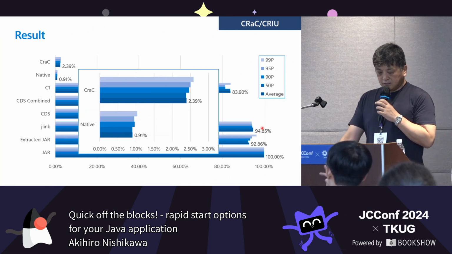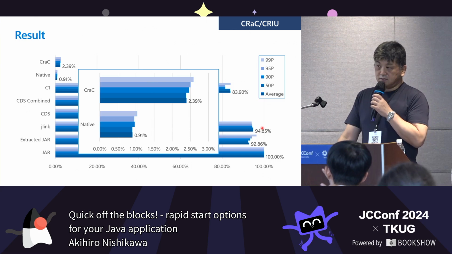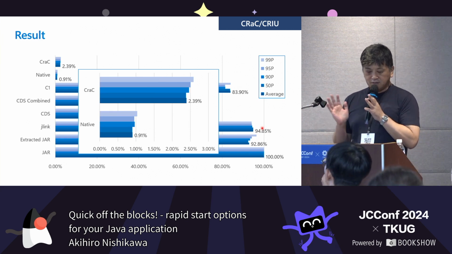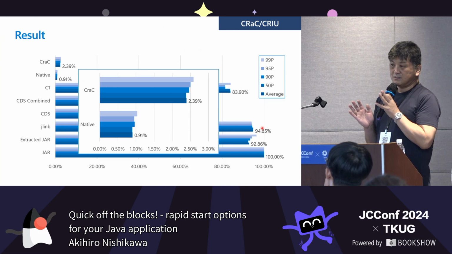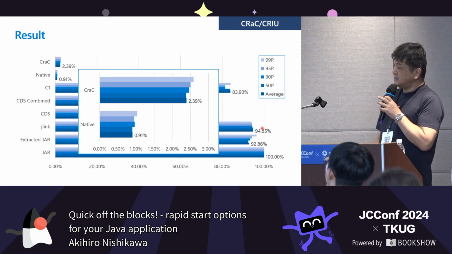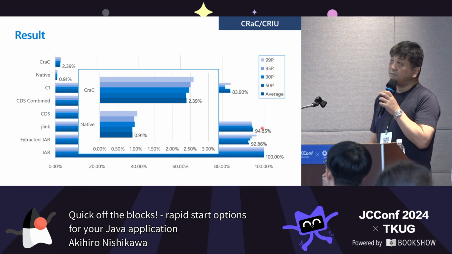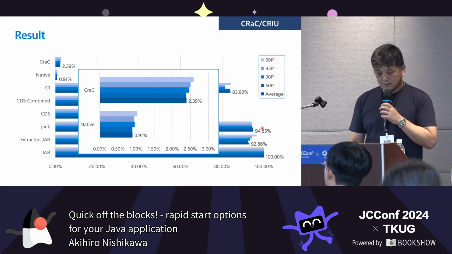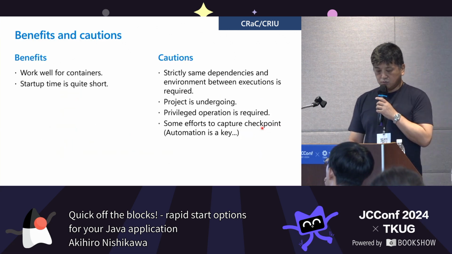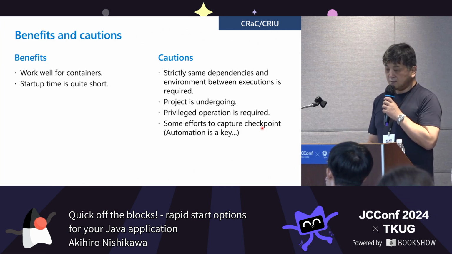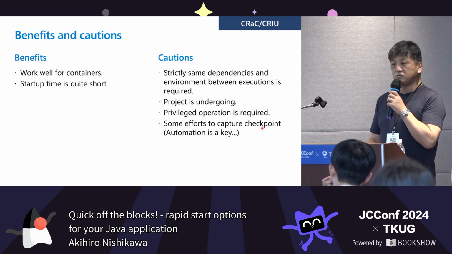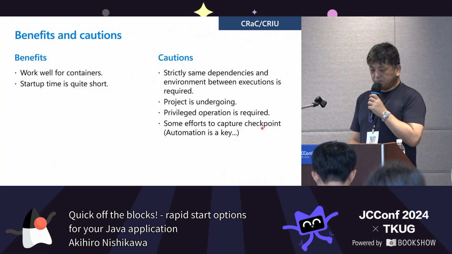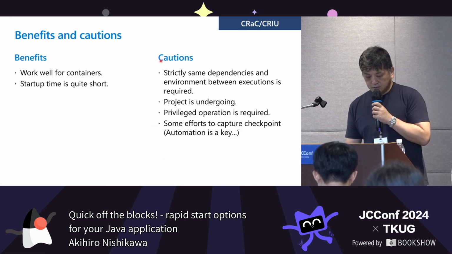So CRaC is two times slower, but compared to the baseline of jar files, it is quite faster, 50 times faster. So in that case, we can achieve good startup time performance, but it is a little bit tricky. So please be careful about this point.